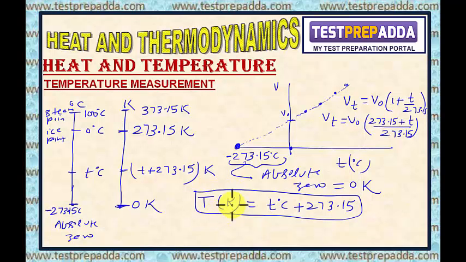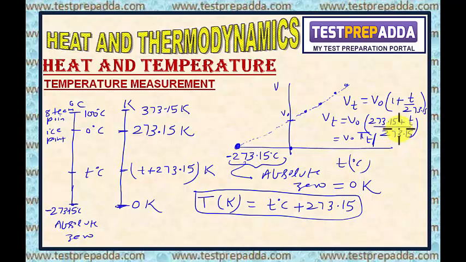Temperature in Kelvin at T degrees Celsius. So in place of this I can write T, meaning temperature in Kelvin at T degrees Celsius, upon 273.15. What can we write?